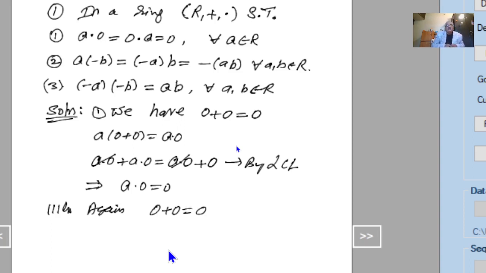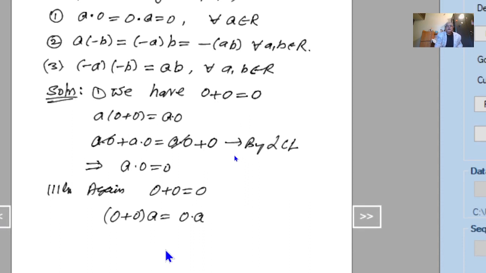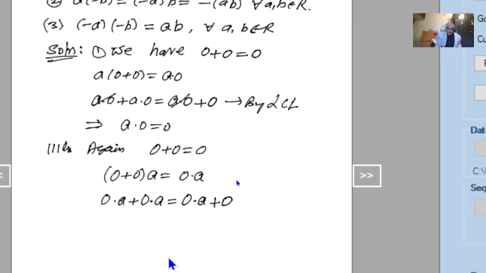Now, operating by A on the right on both the sides, we get (0 plus 0) into A is equal to 0 into A. By the right distributive law, we can write the left hand side as 0 into A plus 0 into A is equal to, here we can write, 0 into A plus 0, because 0 is the identity.